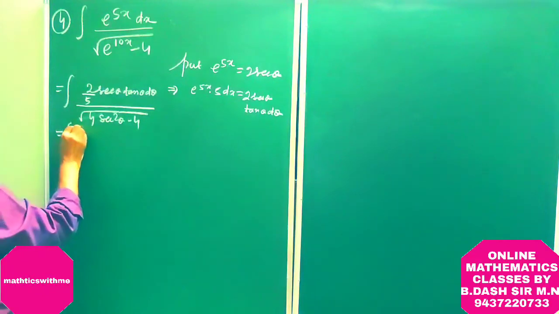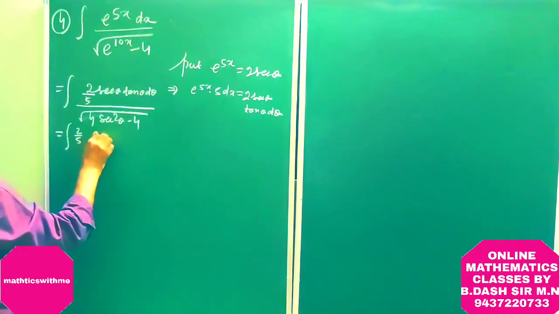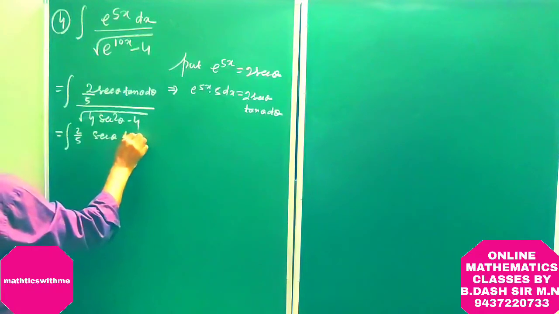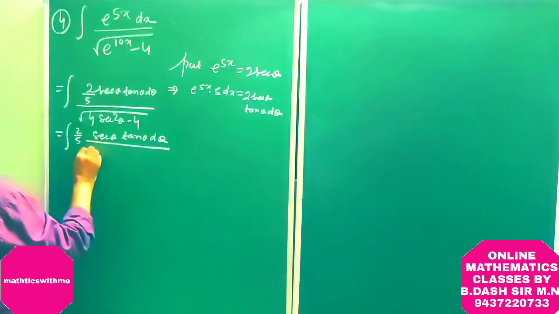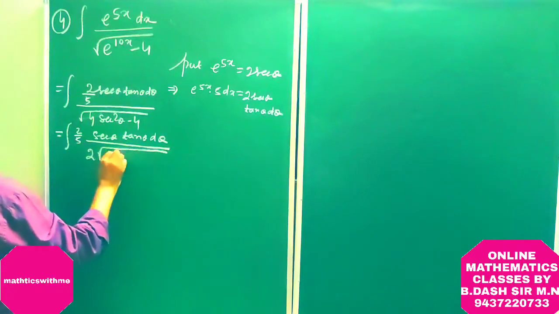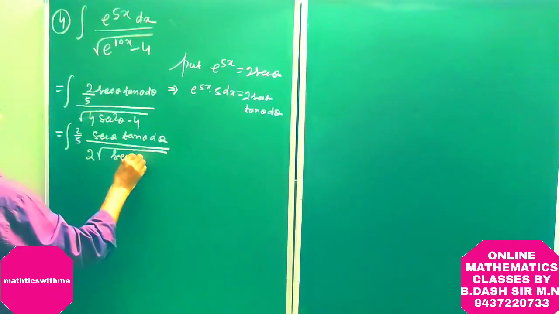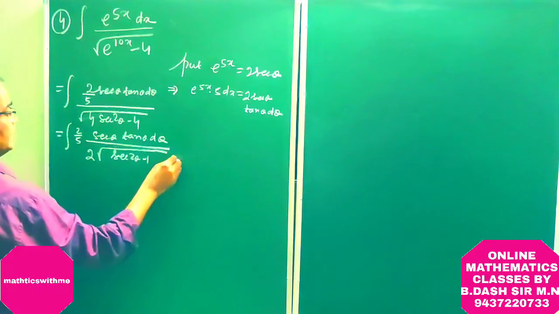This is equal to (2/5) sec θ tan θ dθ divided by 2√(sec² θ − 1), which is (2/5)(1/2) times the integral of sec θ tan θ dθ divided by √(tan² θ).